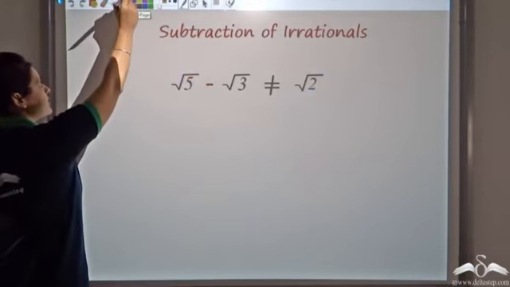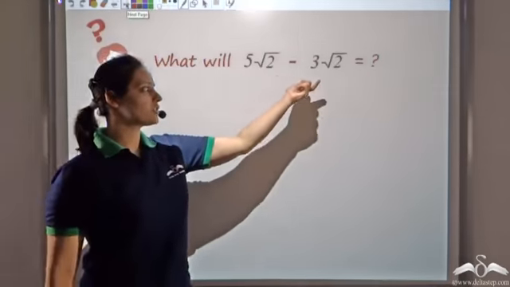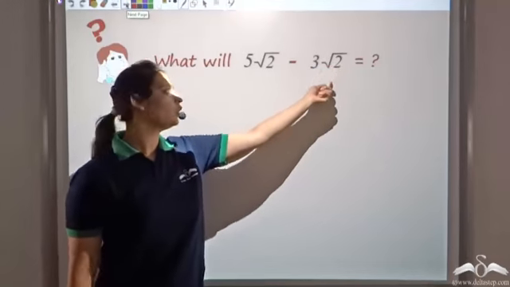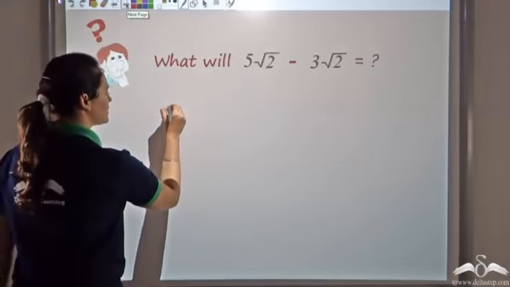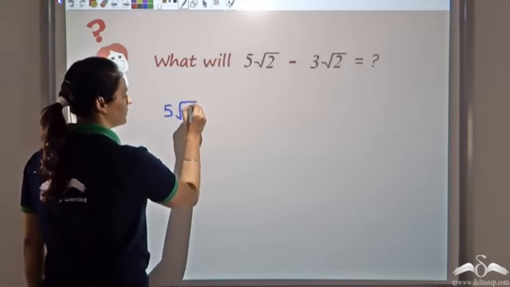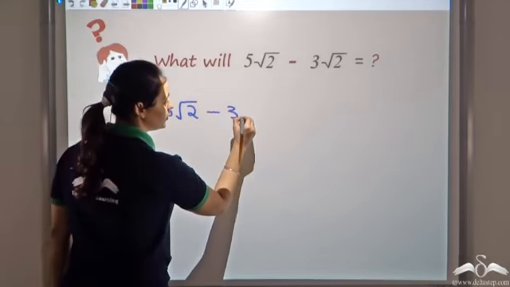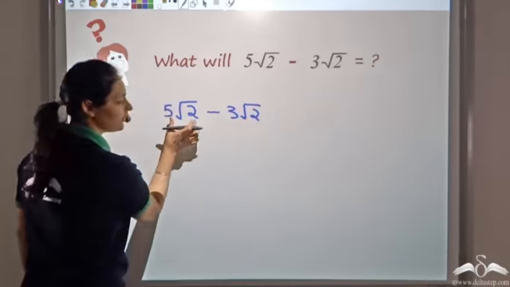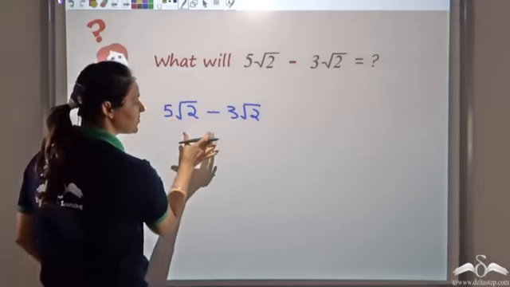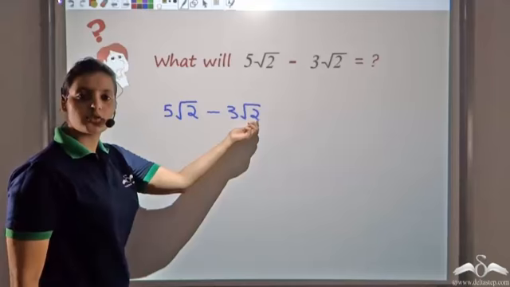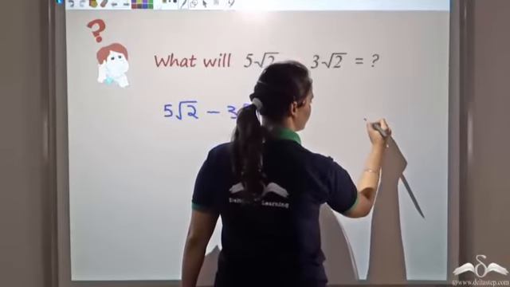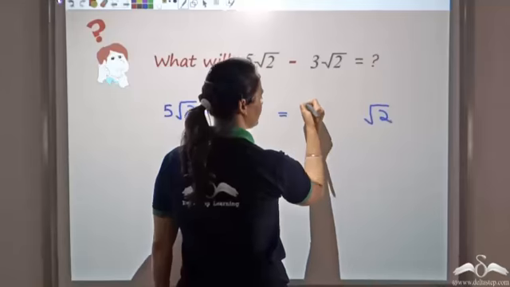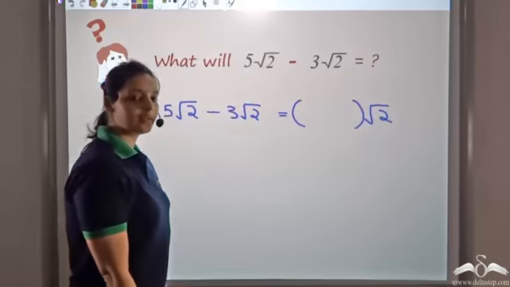So now can you answer this question? How would you subtract 3 under root 2 from 5 under root 2? So we know we have to subtract 3 under root 2 from 5 under root 2. What I see is that under root 2 is common. So again, what I can do is take under root 2 common. So if I take under root 2 common, what will I get?